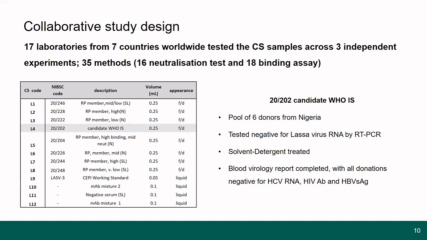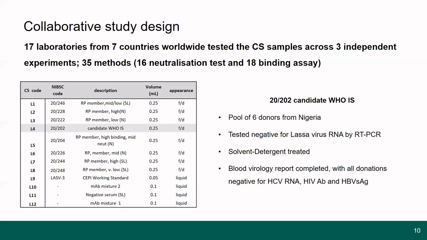So in this collaborative study, we send the candidate material together with other study samples. Everything is coded so people don't know what they're testing. We ask participants, in this case 17 laboratories from 7 countries, to test the samples in 3 independent experiments.